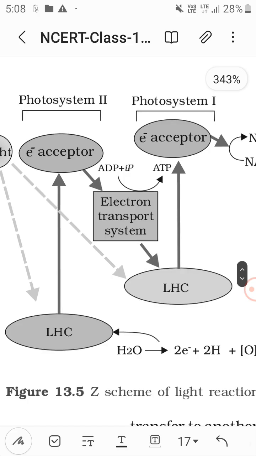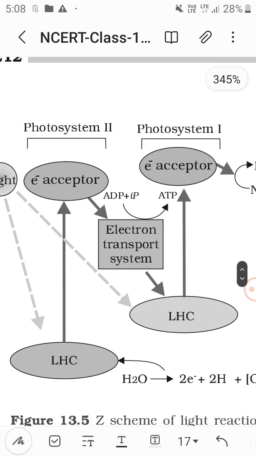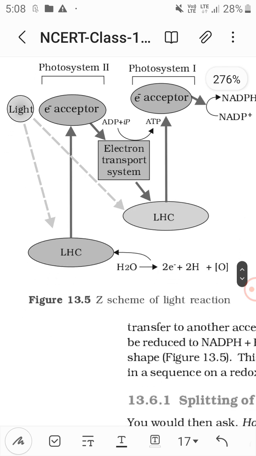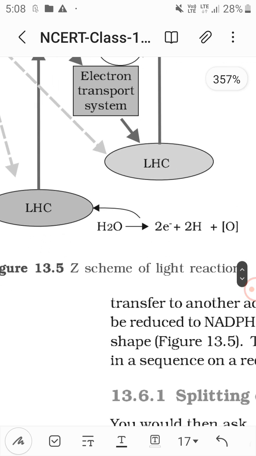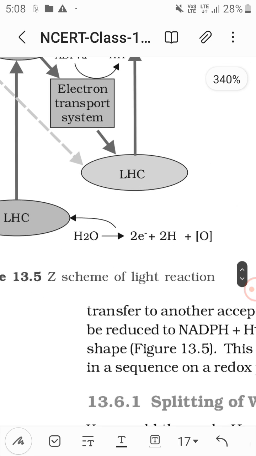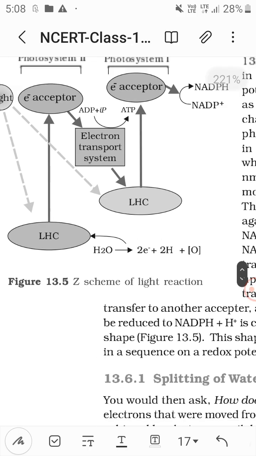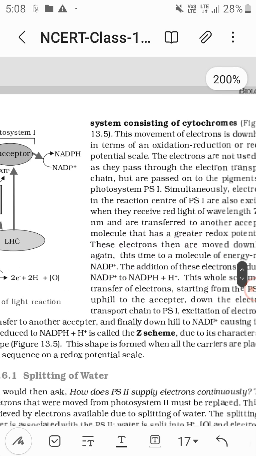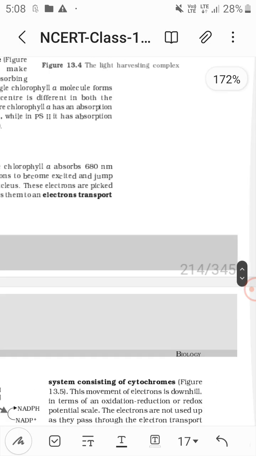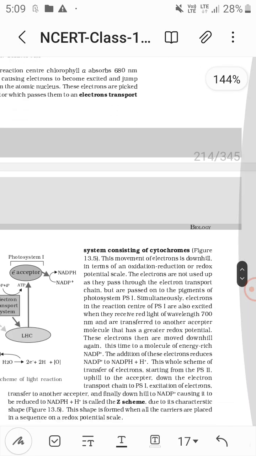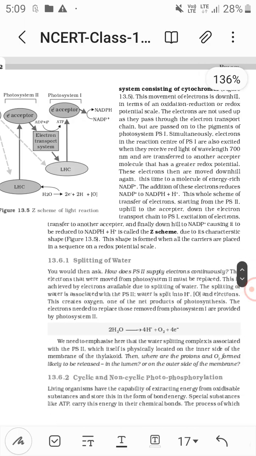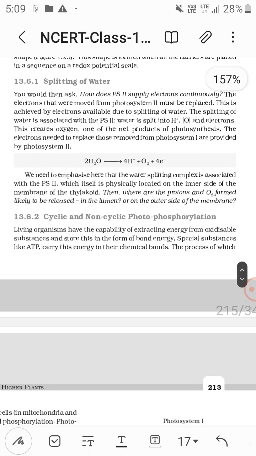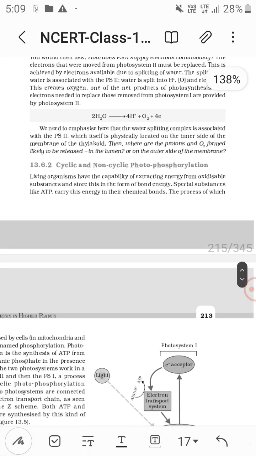Then it goes through the electron transport system, ADP plus inorganic phosphate converts into ATP, and also at LHC, H2O converts into 2 electrons plus 2H plus oxygen. Then photosystem 1. So this is the Z scheme. The electron transport system consists of cytochromes. Now splitting of water: 2H2O gives 4H plus plus O2 plus 4 electrons.